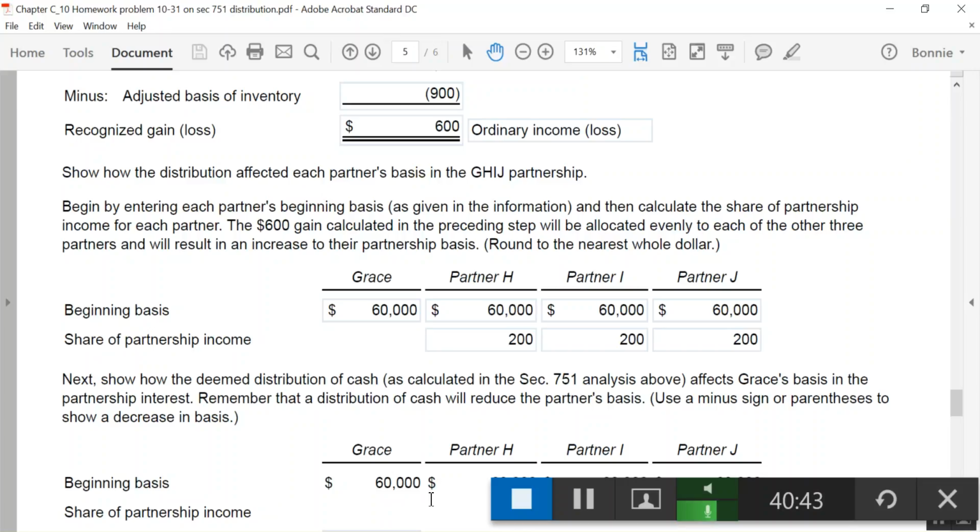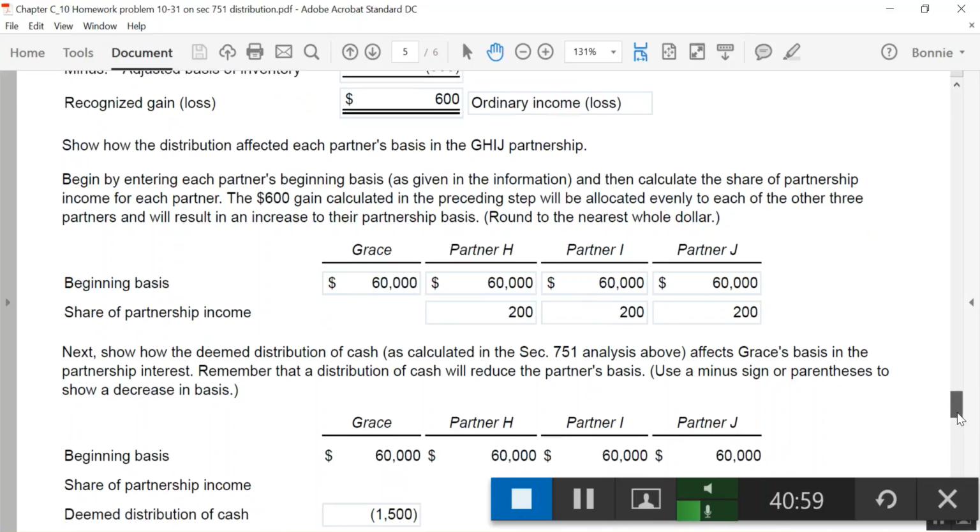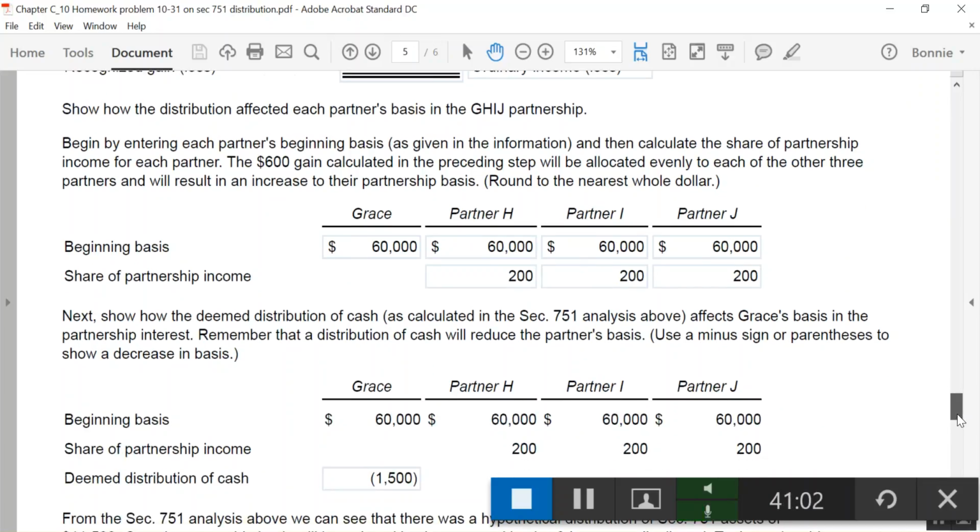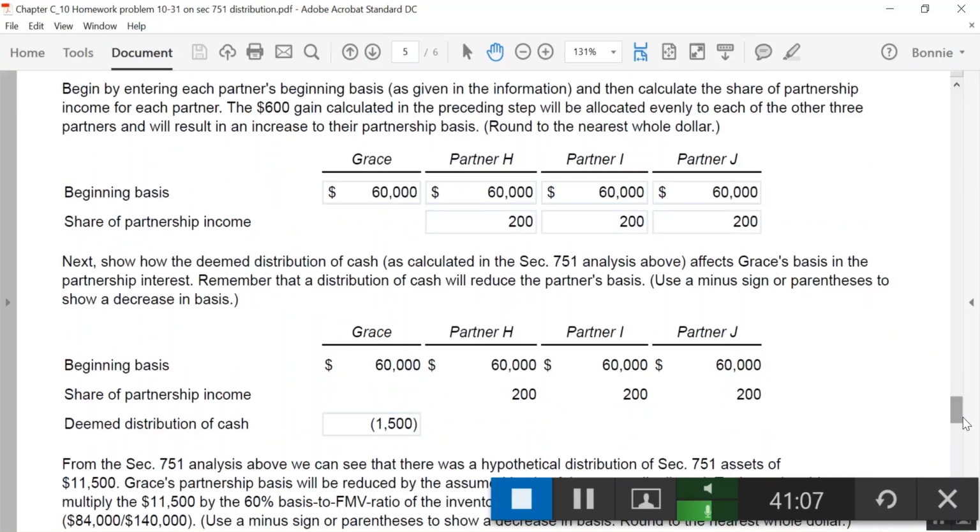But the other three partners just share evenly in the gain. I think that's because each partner is deemed to own an equal share in the partnership, 25, 25, 25, 25. So they each get $200 of the 600.